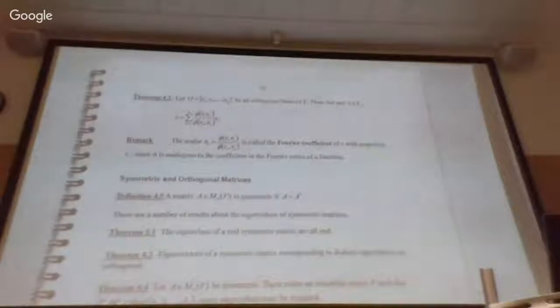Exercise 6 then hops us to a completely different context again. We're not in geometric vectors now, we're not in a vector space of functions now, but we're now looking at a vector space of matrices.